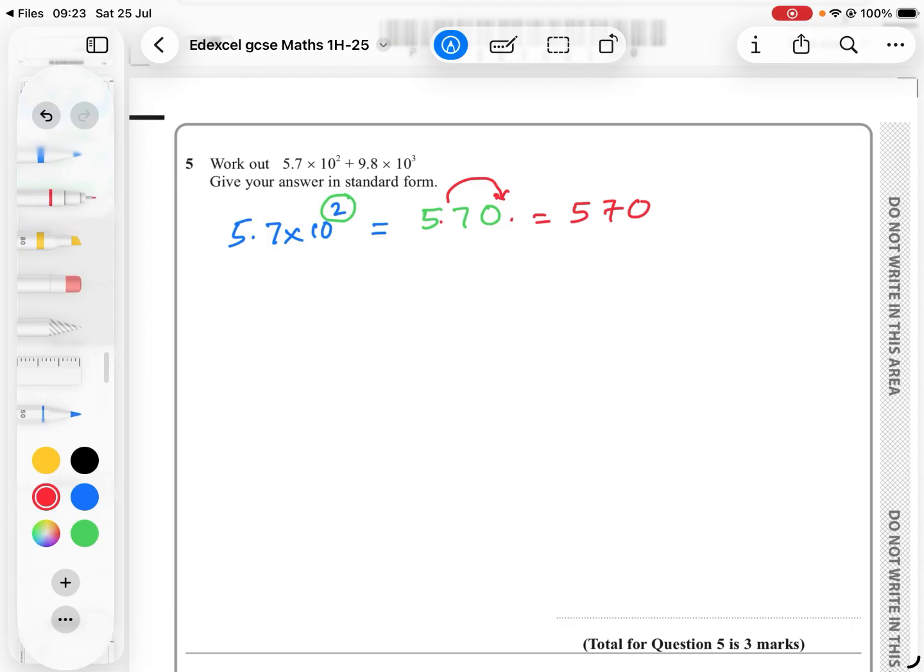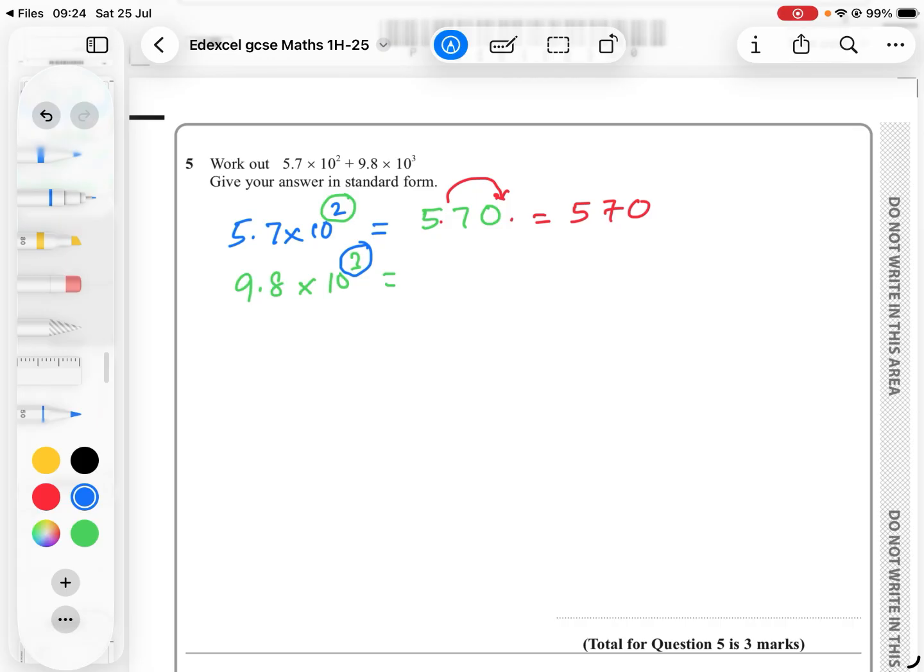Then we need to change the 9.8 times 10 to the power 3 into normal form. So here the power is 3, so you need to move the decimal 3 places to the right.